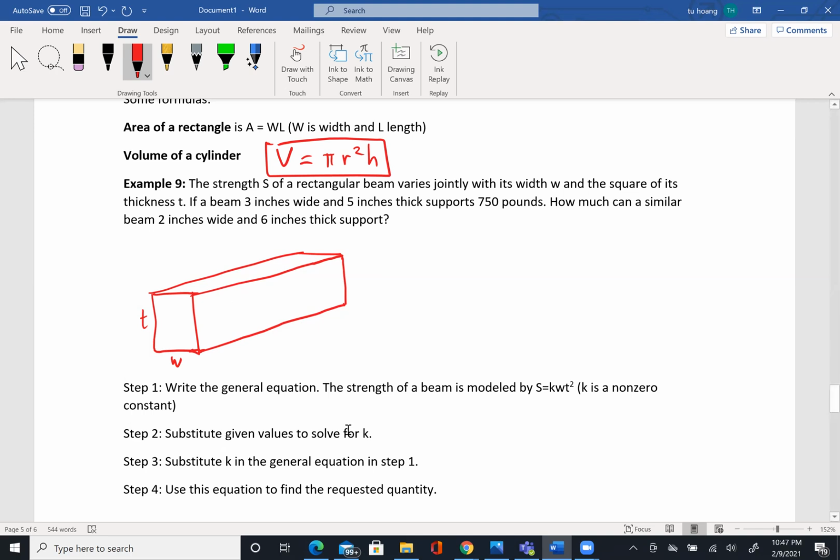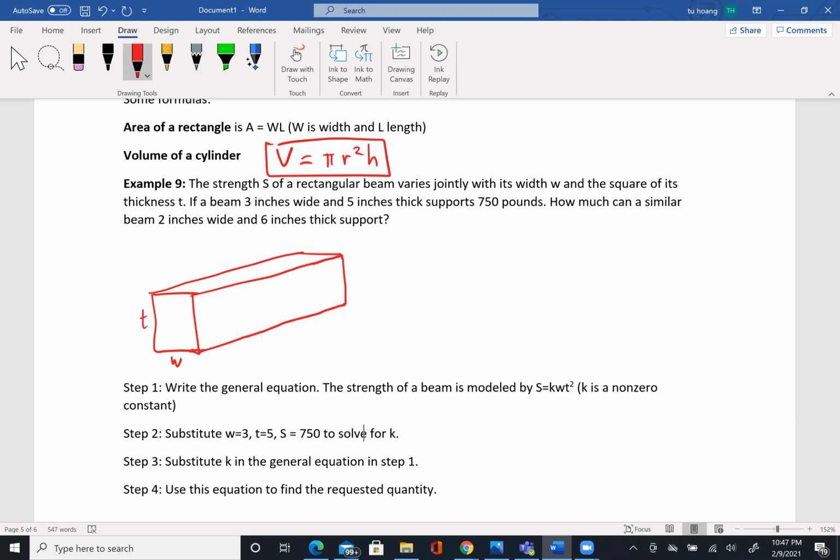Okay, so now I'm gonna substitute the given values to solve for K. Here W is equal to 3, T is equal to 5, and then S is equal to 750 pounds.